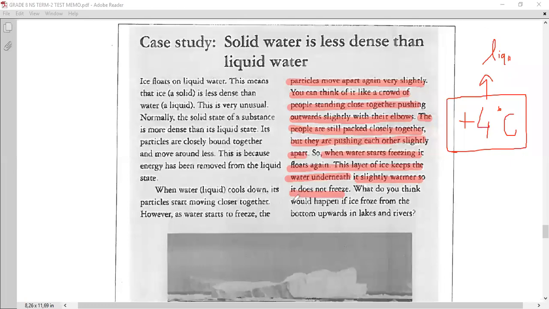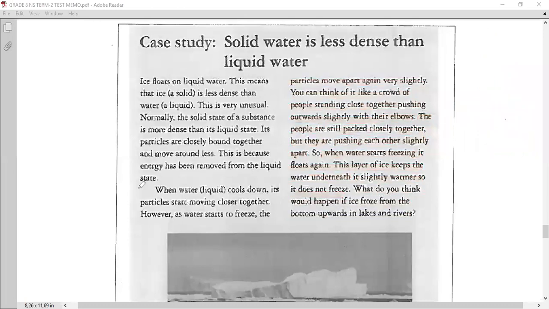So what do you think would happen if ice froze from the bottom upwards in lakes and rivers? What will happen is that if it gets frozen from the bottom, and you have aquatic life in the water, like plants, and fish, and not only fish, frogs and other animals also.